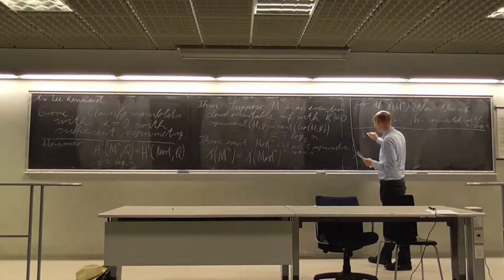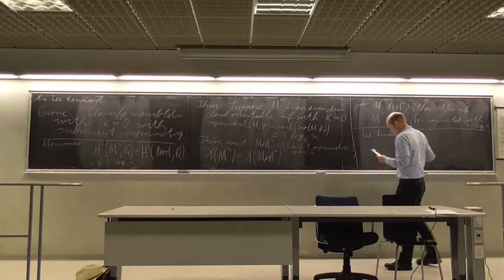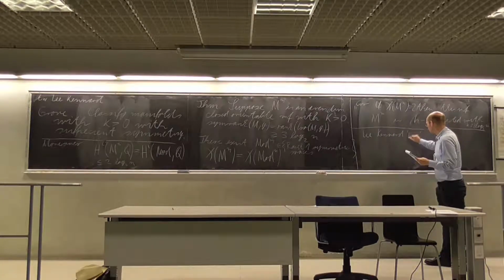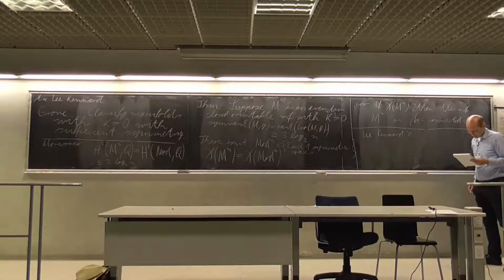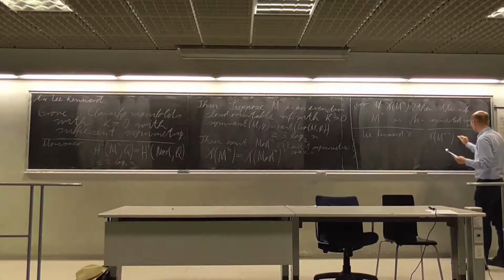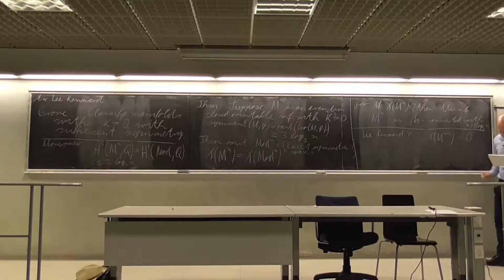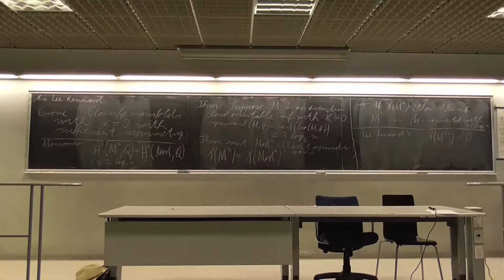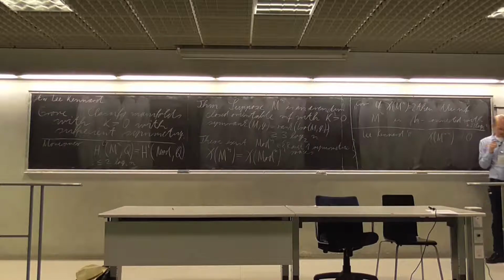Lee Kennard, in his thesis, proved that at least the Euler characteristic is positive under these assumptions. And he also proved this 4-periodicity theorem, which I will later on come to, which is very important for the proof.